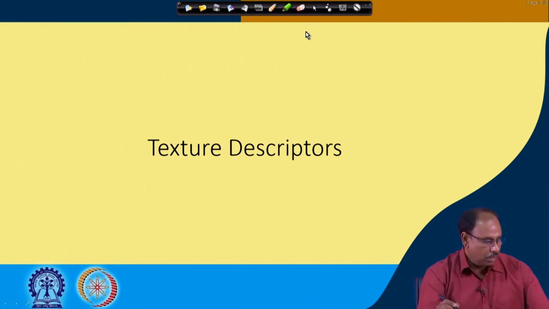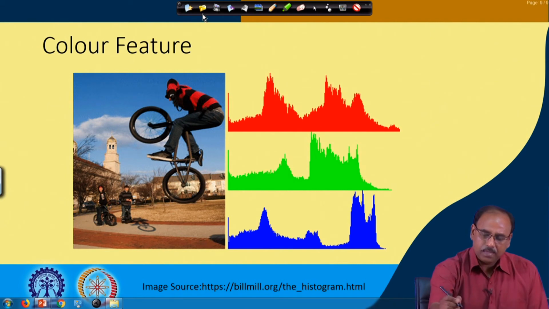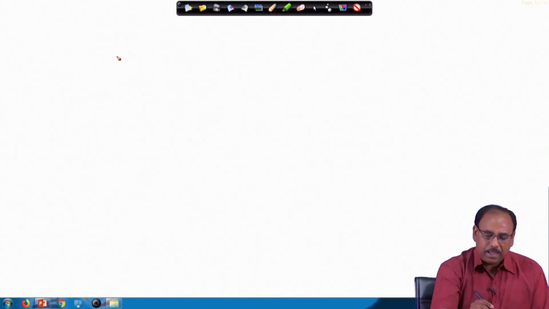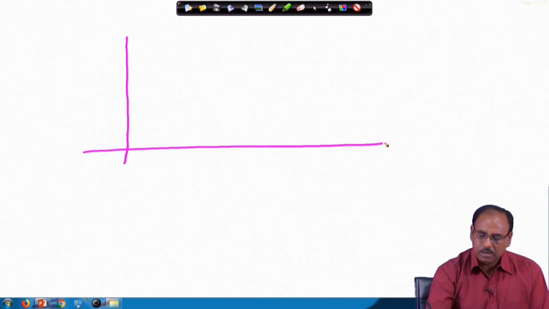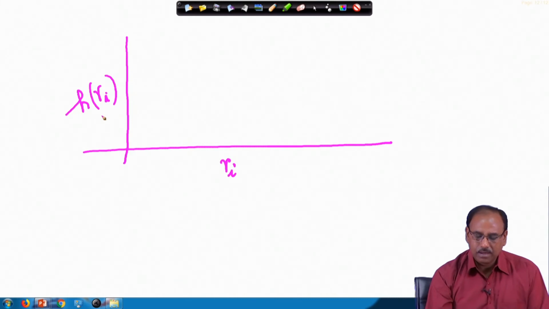The way I will do it is, I assume that the intensity level is R_I, and the histogram is given by H(R_I).